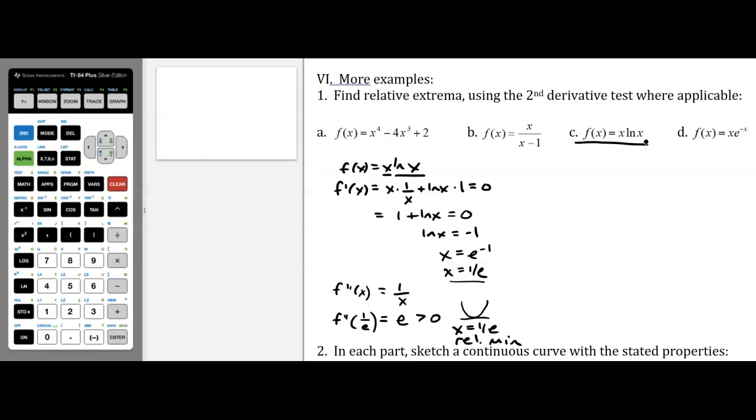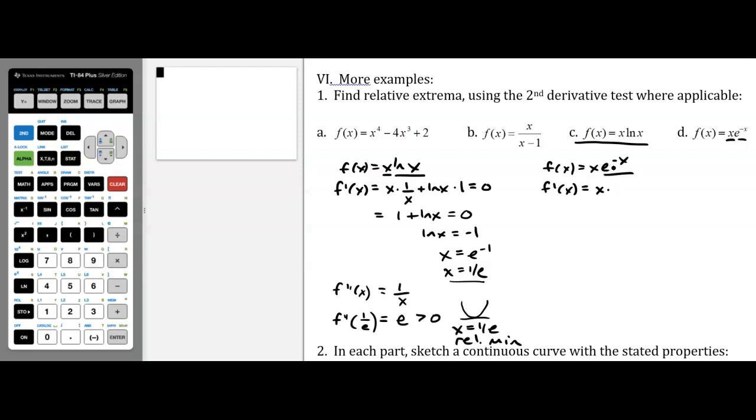Let's go on to example D, and this is our last one with the second derivative test. So in example D, we again have another product, and so we have to go through the product rule. So first step of the second derivative test is to find the derivative. So if f of x is equal to x times e to the -x, then the first derivative is going to be the first times the derivative of the second.